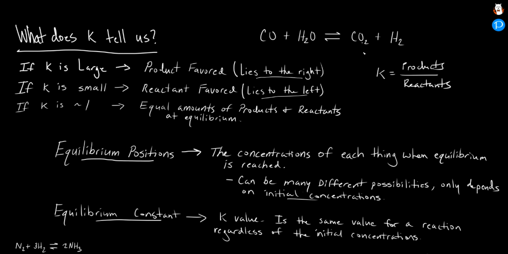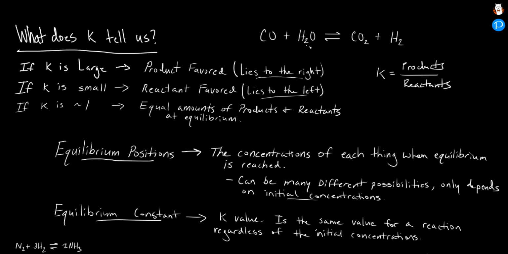So depending on what we initially start with here, we could start with maybe a lot of this, but if we allow it to reach equilibrium, it's going to reach a bunch of different concentrations depending on what you start with. The equilibrium constant though, so that's our K value, that's always going to be the same value for a reaction regardless of the initial concentrations you start with.